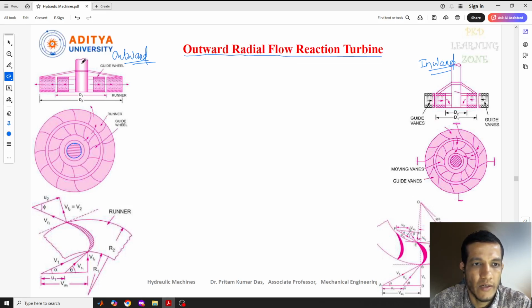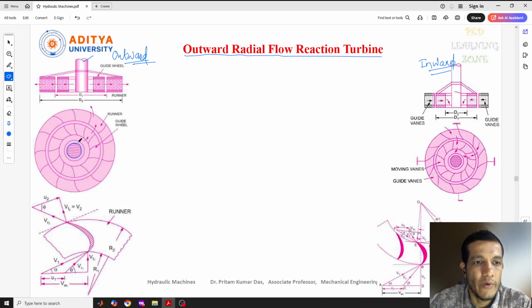The water will enter at the center point of this turbine, and it can enter axially or tangentially, and then it will move from the center point outward, radially.